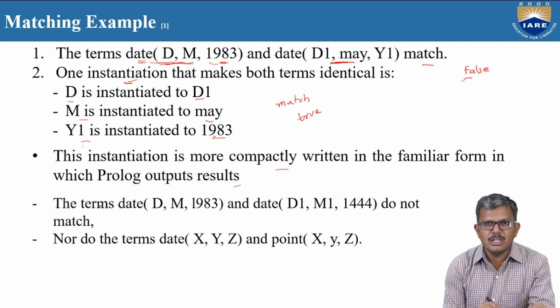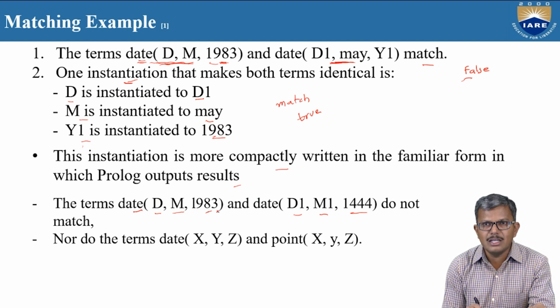We will take one more example. The terms date(D, M, 1983), with 3 parameters, and date(D1, M1, 1444) are not going to match. Why? Because D can be instantiated to D1, and M can be instantiated to M1, since these two are variables and we are doing the instantiation.